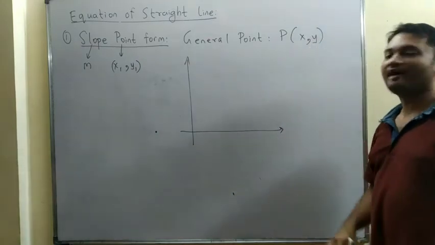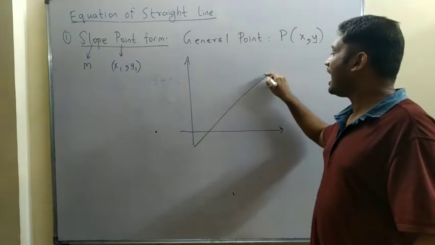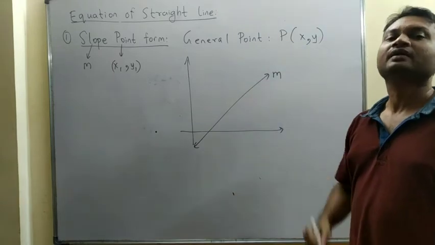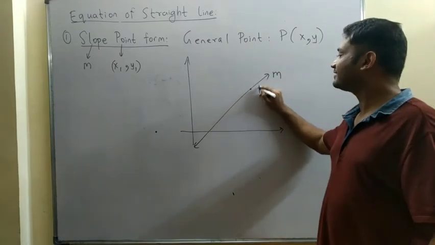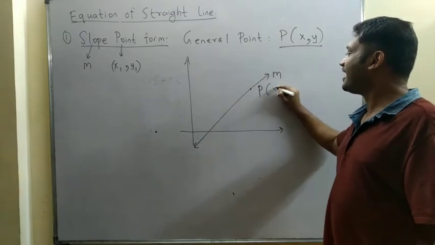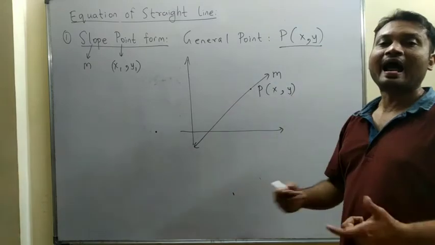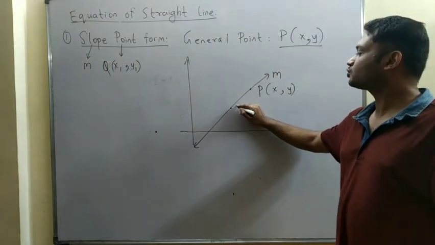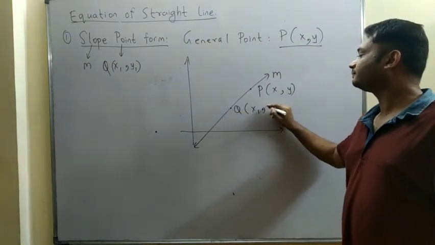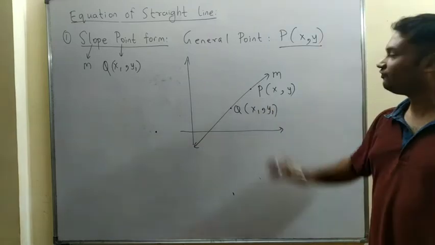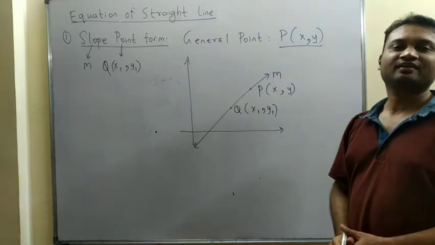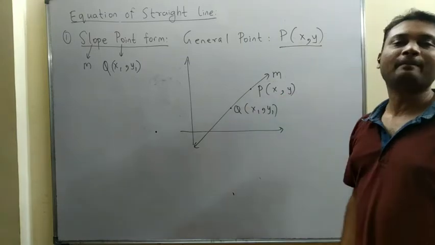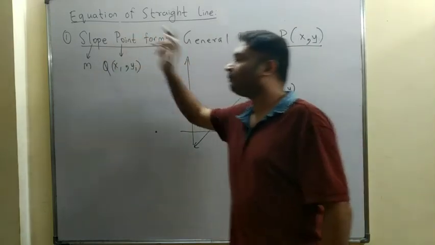To understand this, let us draw the graph. Suppose we have a line and the slope of that line is, let us say, m. The general point on that line, let us say P, which is x, y. And the fixed point, let us say, is Q, which is x1, y1. Now, I want to find the equation of this line. So what formula will I use? I will use the formula for slope m, because we want slope point form.